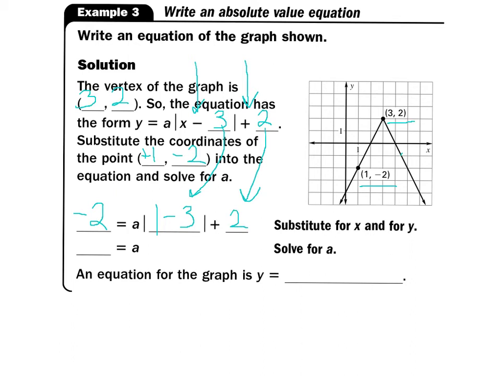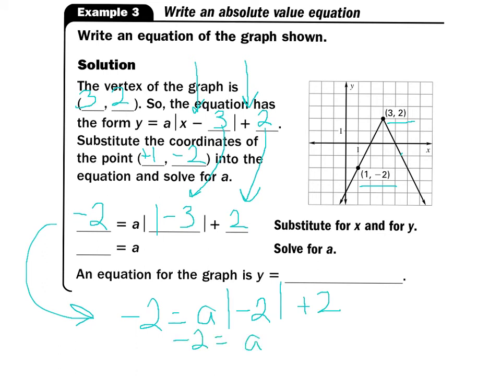So now coming this way, negative 2 equals a. What's the absolute value of 1 minus 3? 1 minus 3 is negative 2. And then negative 2 equals a. Absolute value of negative 2 is positive 2, plus 2.